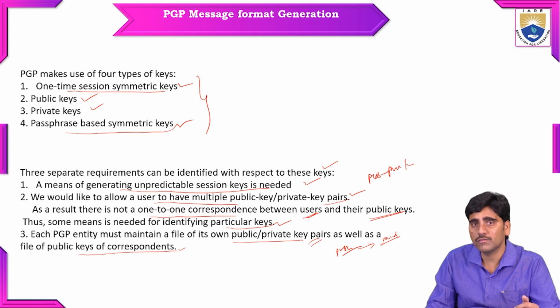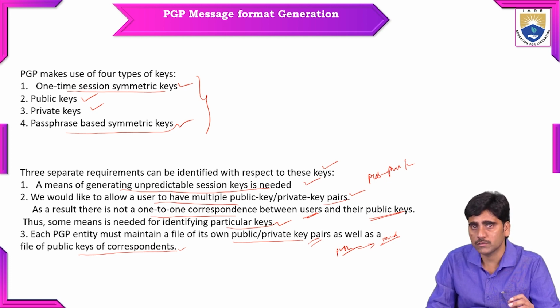What types of keys do we use for the encryption process? One is one-time session symmetric keys, and the second is public keys, private keys, and passphrase-based symmetric keys.